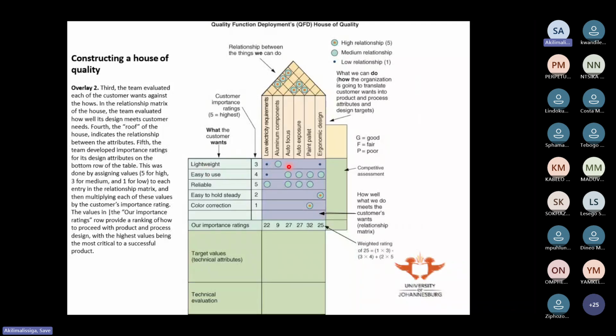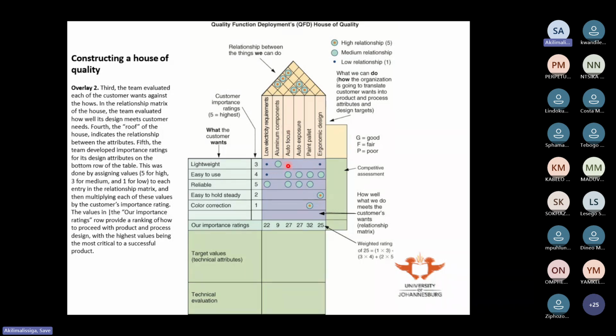It's not just a matter of putting the symbols; it's teamwork, so you need to justify to your colleagues that lightweight and autofocus have a medium or high relationship because of this and this, so that you can agree and move forward, right? But in this case, lightweight and autofocus don't have any relationship, so we leave it empty.